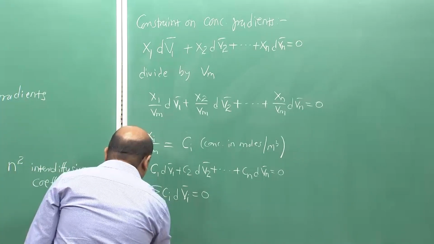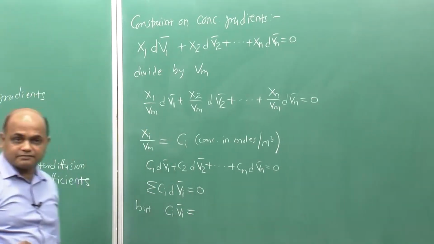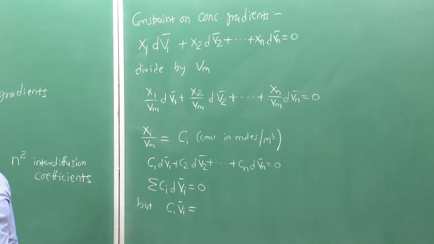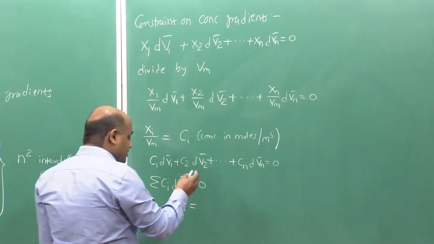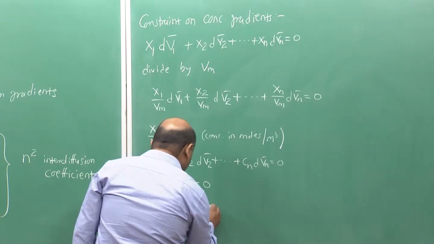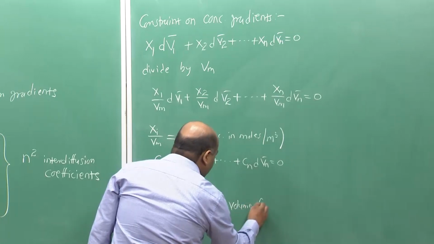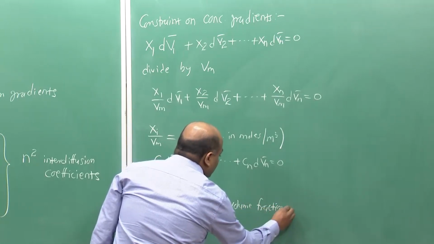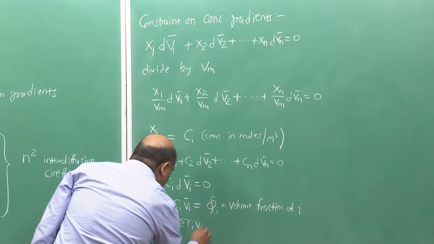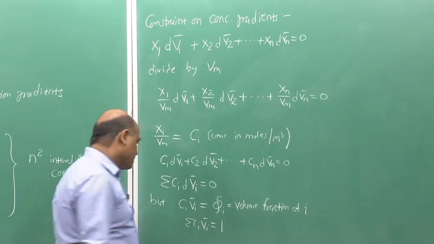But we know what Ci Vi bar is. Ci Vi bar is the volume fraction, right. Remember we have derived this some time back. So, Ci Vi bar is phi i, which is nothing but the volume fraction of i, and so sigma Ci Vi bar should be 1, the summation of all volume fractions should be equal to 1.